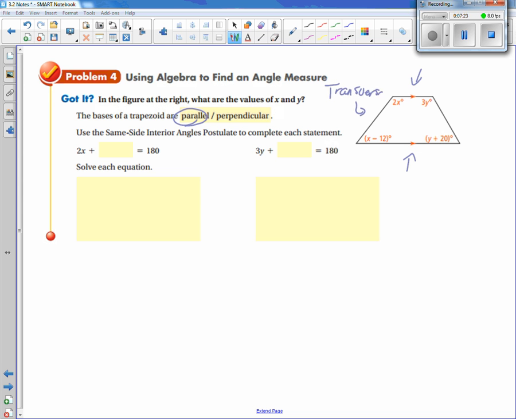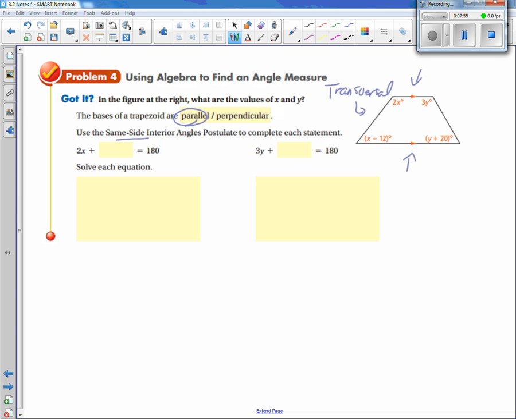So if these sides are the transversal, what is the relationship between these two angles that are between the parallel lines and next to the transversal? What would be their relationship? Would they be corresponding, alternate interior, alternate exterior, or same side interior?